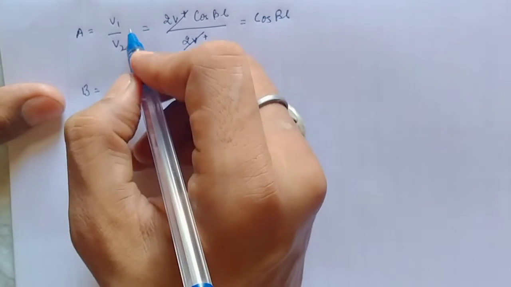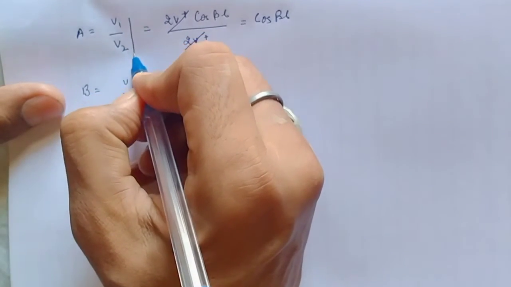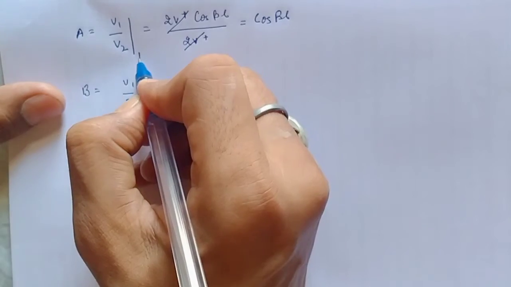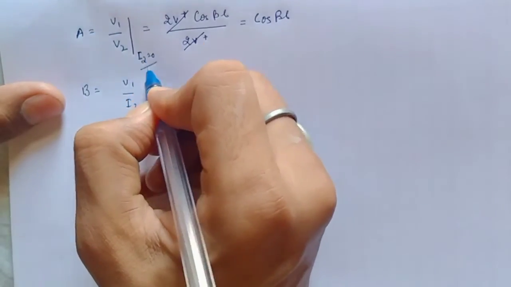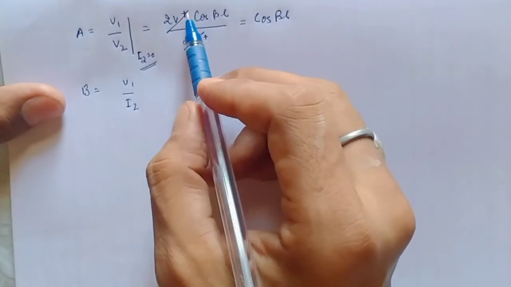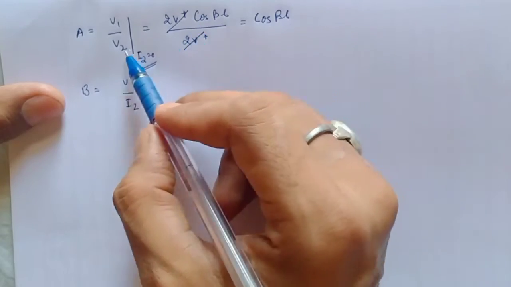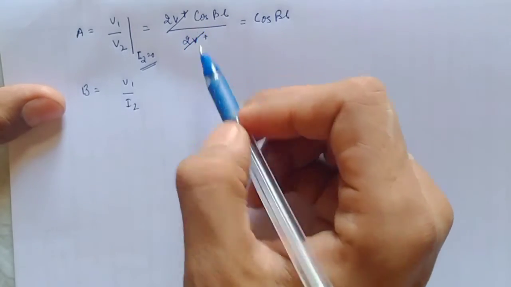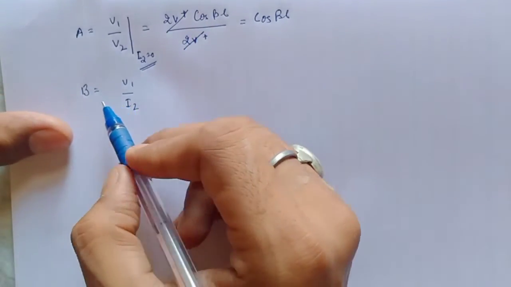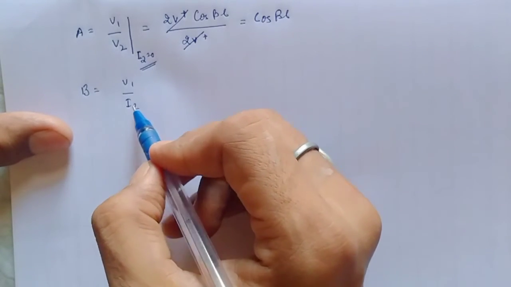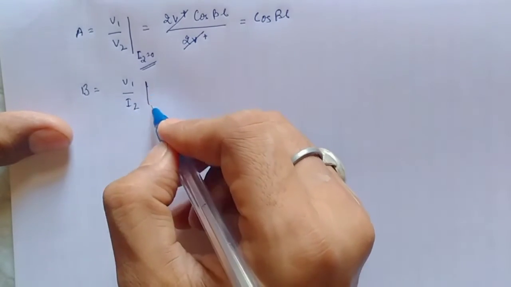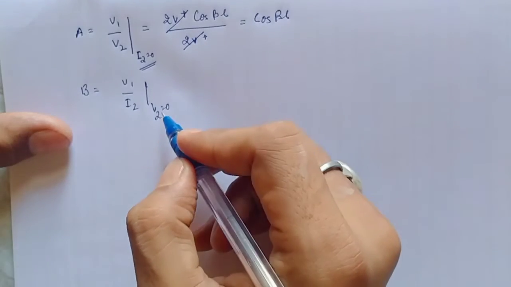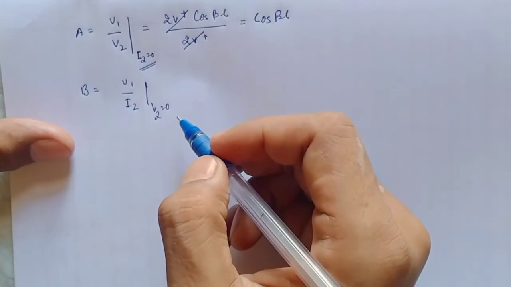Here we can apply the conditions. When I am finding A, I am keeping I2 as 0, meaning open circuit. That's why I have taken the V1 and V2 values as open circuit values. Now when I am finding B, V1 by I2, I am going to make V2 as 0. So in this case I will take a short circuit condition.